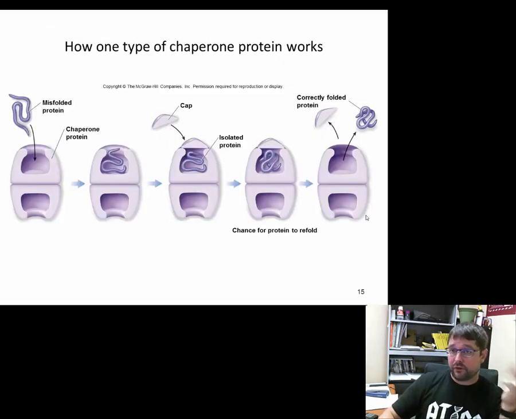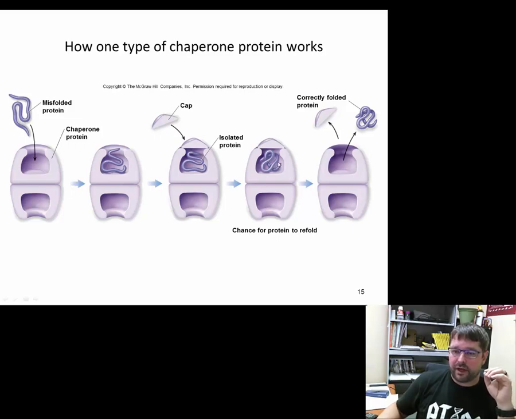So we know this much about chaperone proteins. We know that if you have a misfolded protein, it has the capability of encountering a chaperone protein. It moves inside these proteins. A cap is placed over the top. The protein, at least as much as we know, is isolated inside a chamber kind of thing. It's refolded.